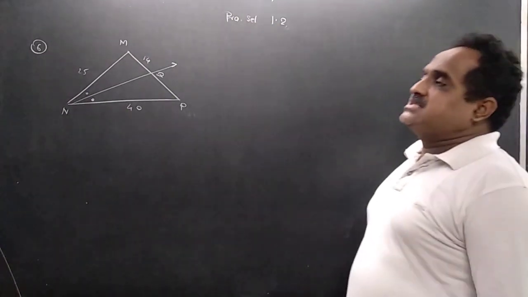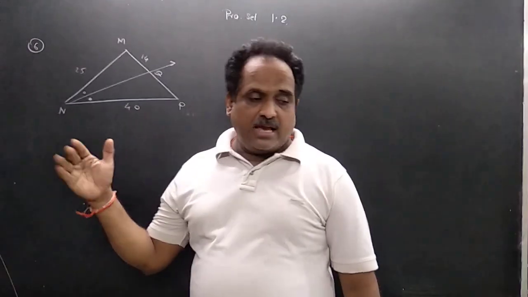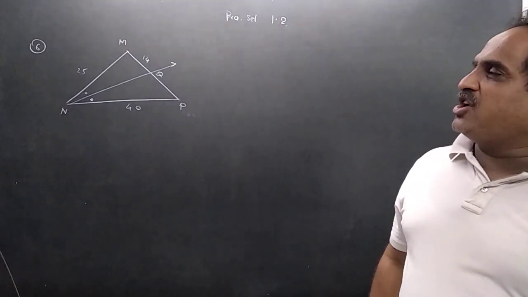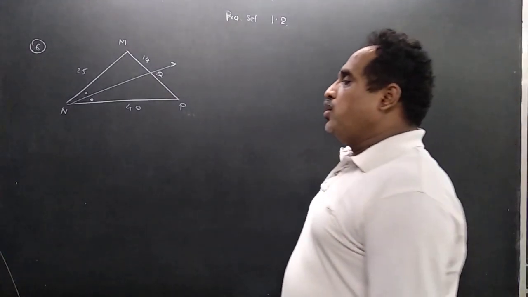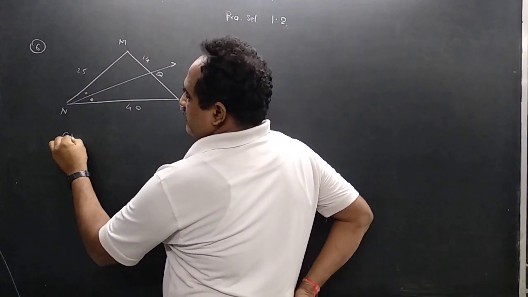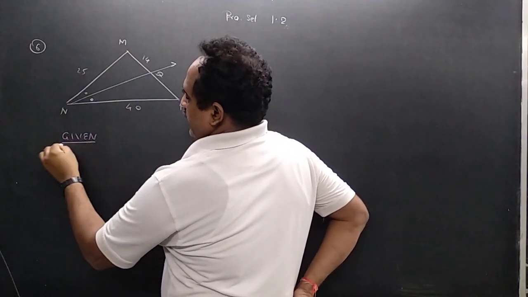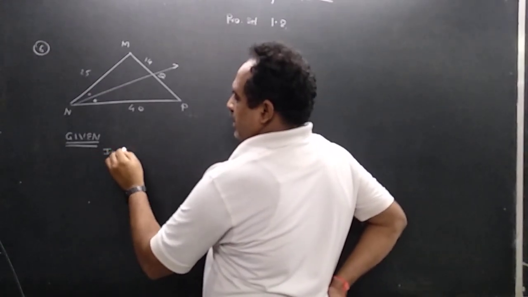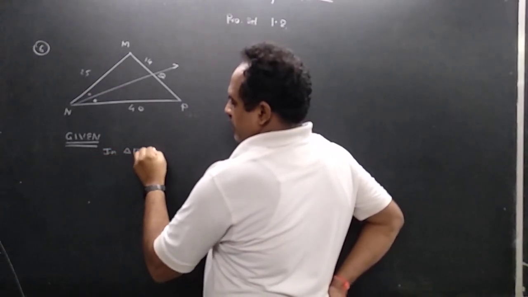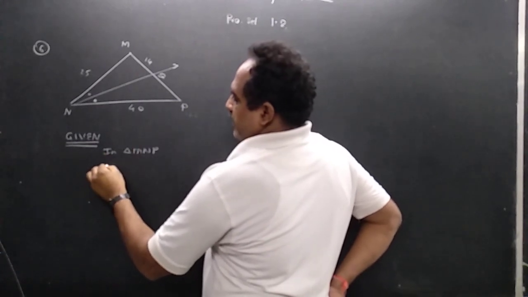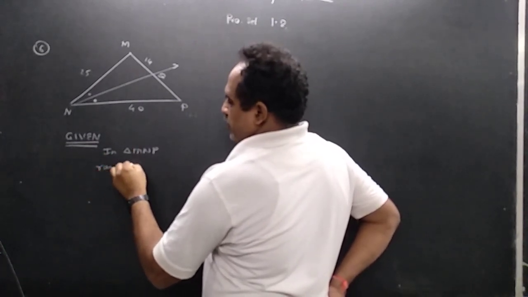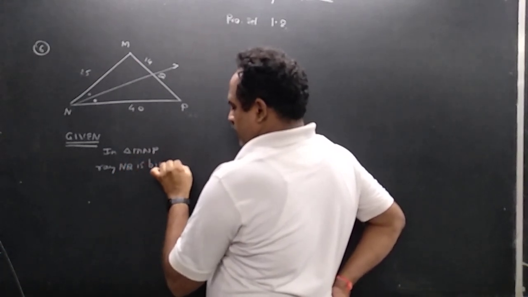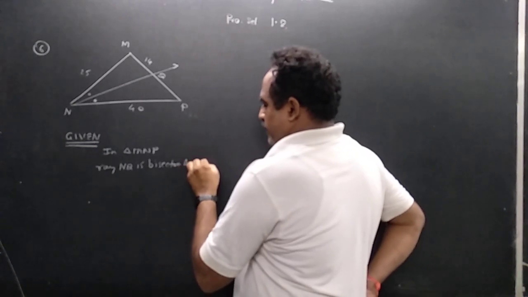For question number 6, this is the figure given, and they have asked that as per the information given in the figure, whatever they have given, we are going to write it as given. So, in triangle MNP, ray NQ is a bisector of angle MNP.